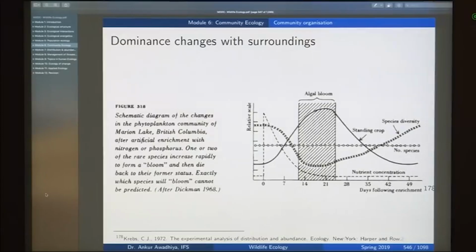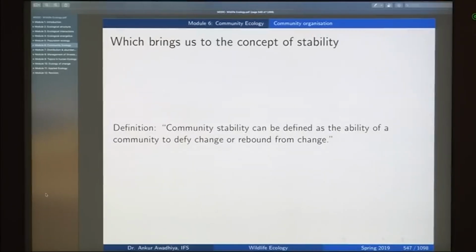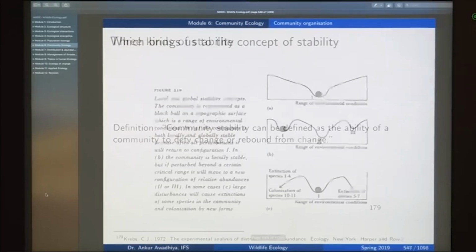So, typically you will also see that the species diversity is going down, then it increases again, and in a number of situations, if this perturbation is not very large, the community is able to bring itself back to the original position, which brings us to the concept of stability, which is defined as the ability of a community to defy change or to rebound from change.